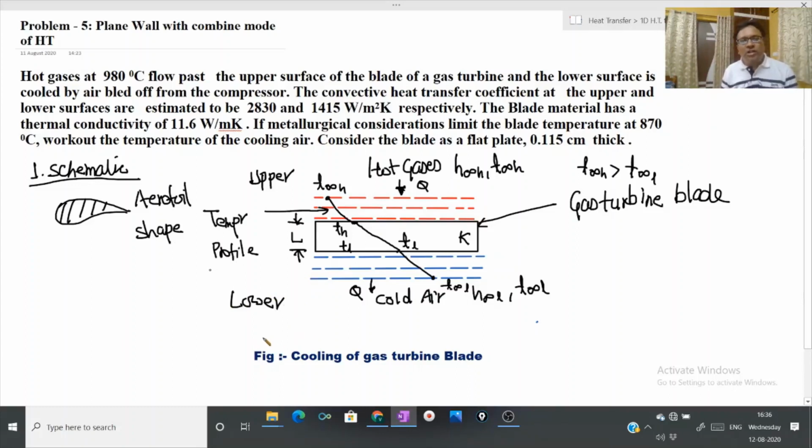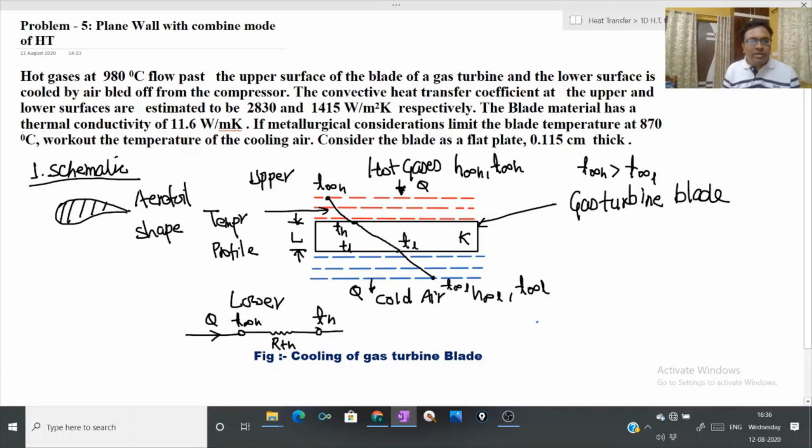Now after representing all the parameters affecting heat transfer rate, let us draw the equivalent electrical circuit for this problem. So the flow quantity will be Q. The first thermal resistance will be offered by the hot gas film between temperatures T infinity H and TH. Let us say it is represented by RTH.